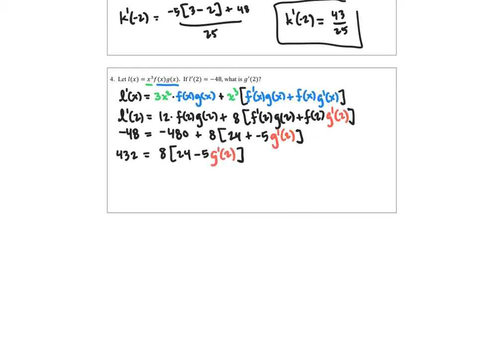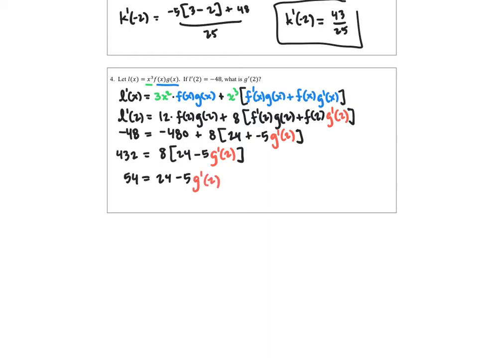All right, I think my best bet might be just to divide by 8. I think 8 goes into 432, and it does 54 times. I used my calculator, maybe you didn't hear it. That'll equal 24 minus 5 g prime at 2.